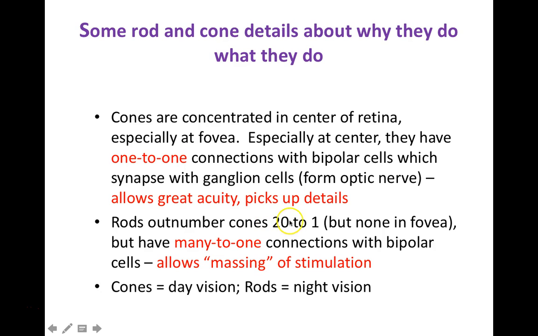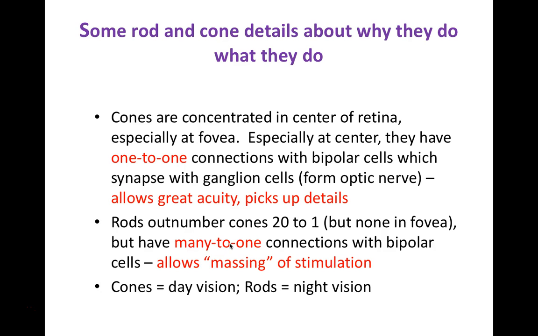Now rods, there's a lot of them. No rods in the fovea. But the thing about rods is that they're not connected one-to-one. They're connected many to one. So lots and lots of rods converge and connect with those bipolar cells, which are connected in turn to the ganglion cells.